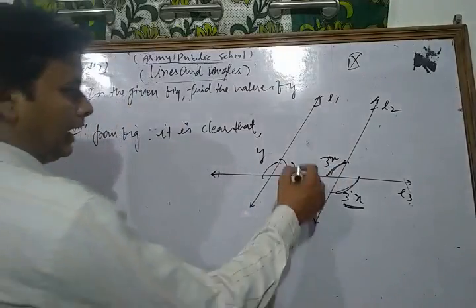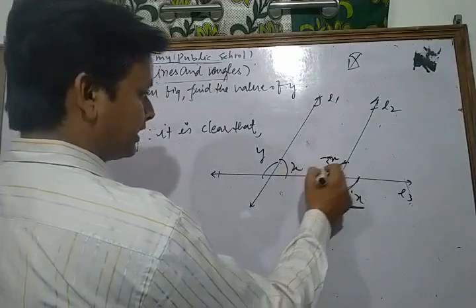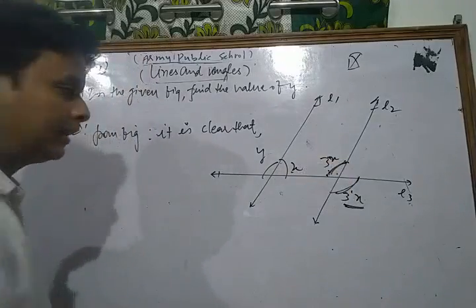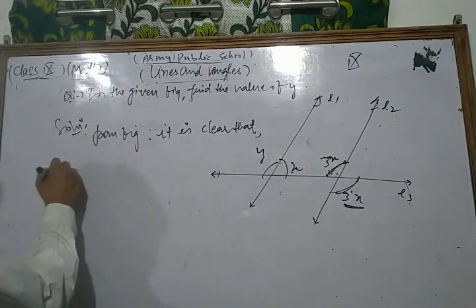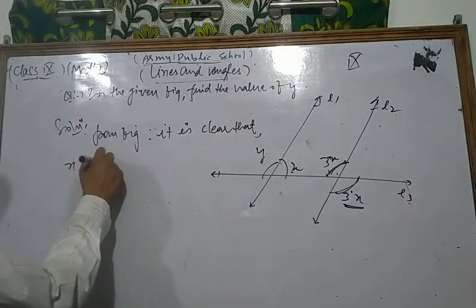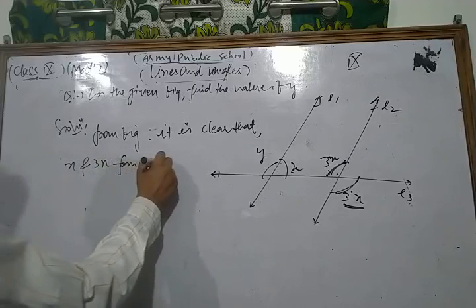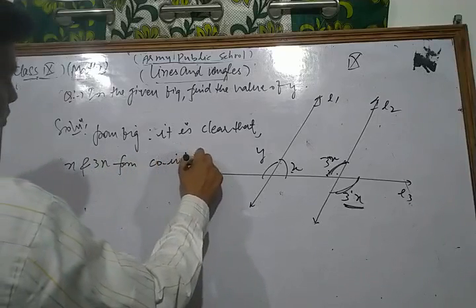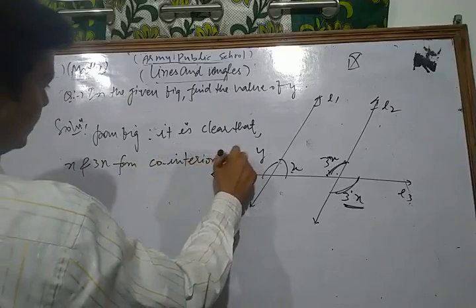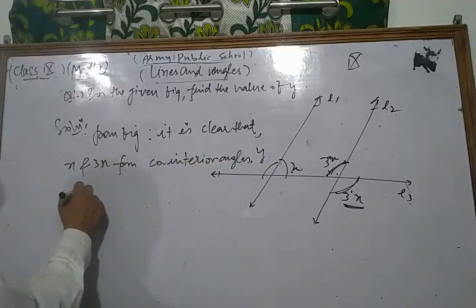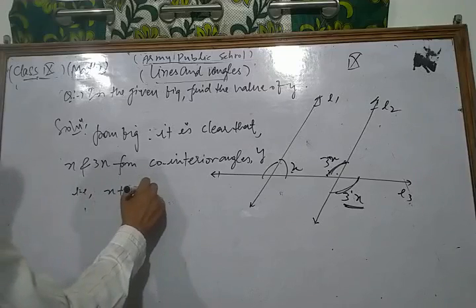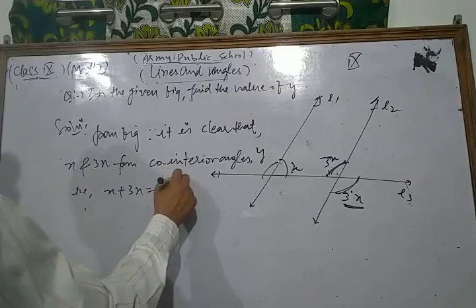Now angle x and 3x form co-interior angles. So from the figure, x and 3x form co-interior angles, that is x plus 3x is equal to 180.